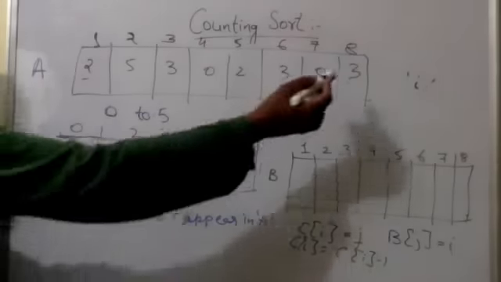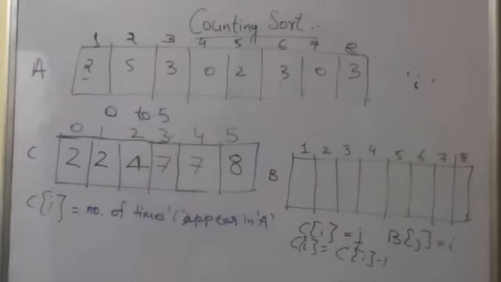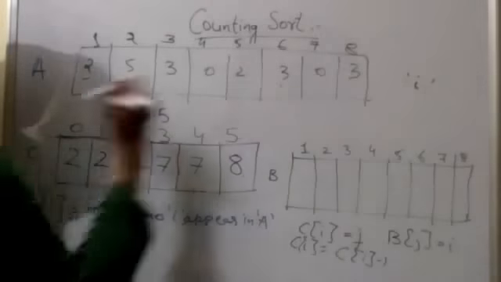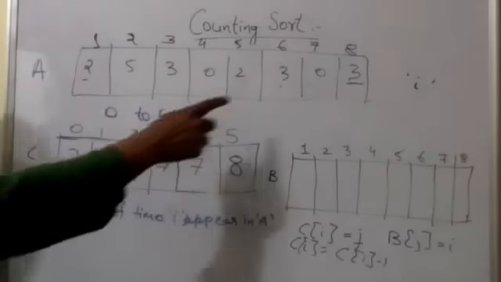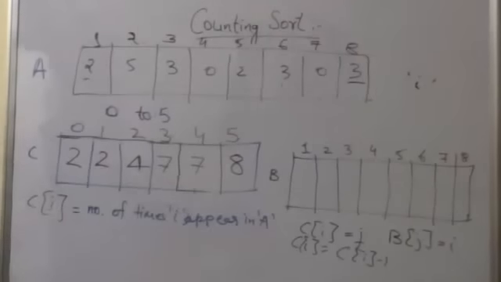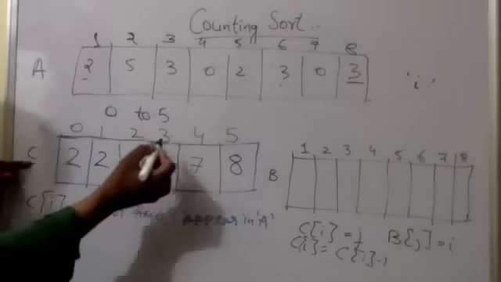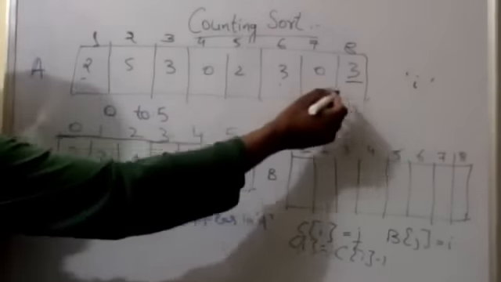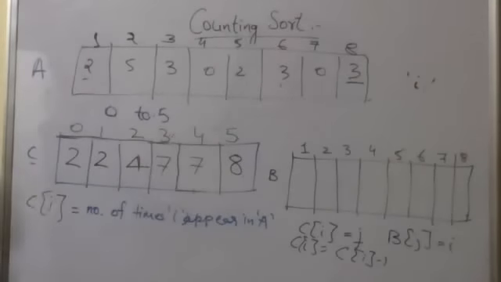The last element of array A is 3. Right? Now see what value is stored at index 3 in array C. The value stored at index 3 in array C is 7, right?